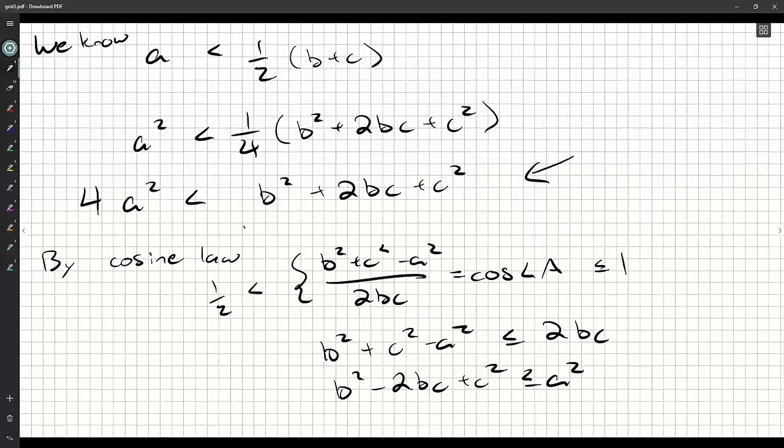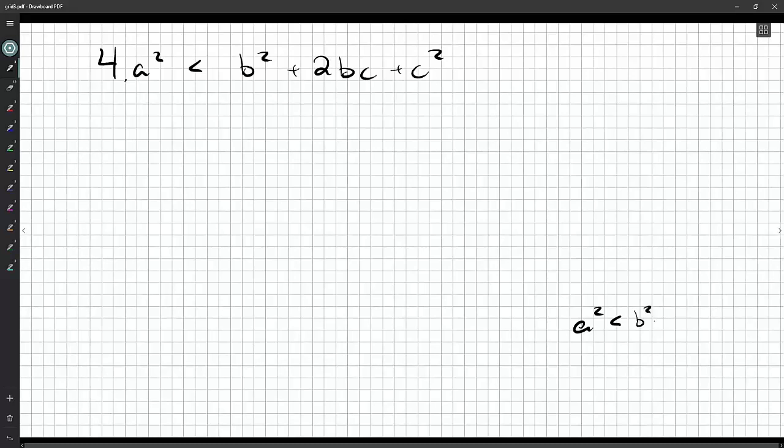I know that 4a squared is less than or equal to b squared plus 2bc plus c squared. That's definite. So I definitely have that. Okay, I'm shooting for something that looks like a squared is less than b squared plus c squared plus bc. Plus bc or minus bc? Minus bc. Minus bc.